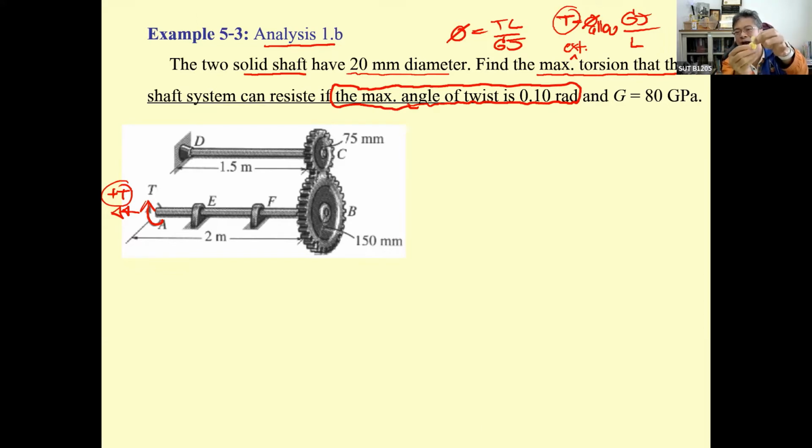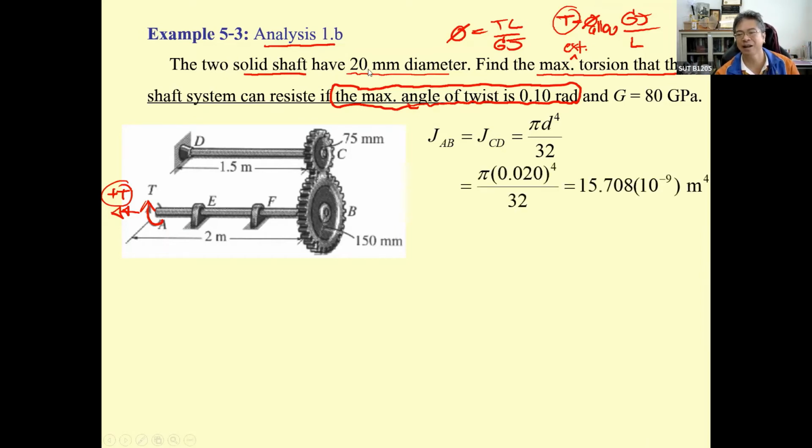You can do the experiment at your dormitory. If this one rotates 0.1 radian, this one will rotate more than 0.1 because the smaller gear must move more than the larger gear. Based on this, we have the J. It's going to be equal. Just put them together. The J is over here. It's going to be this number.